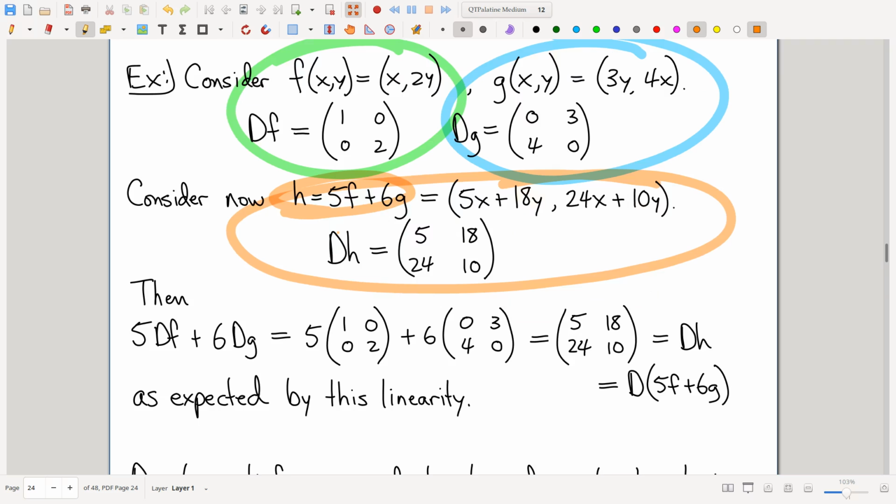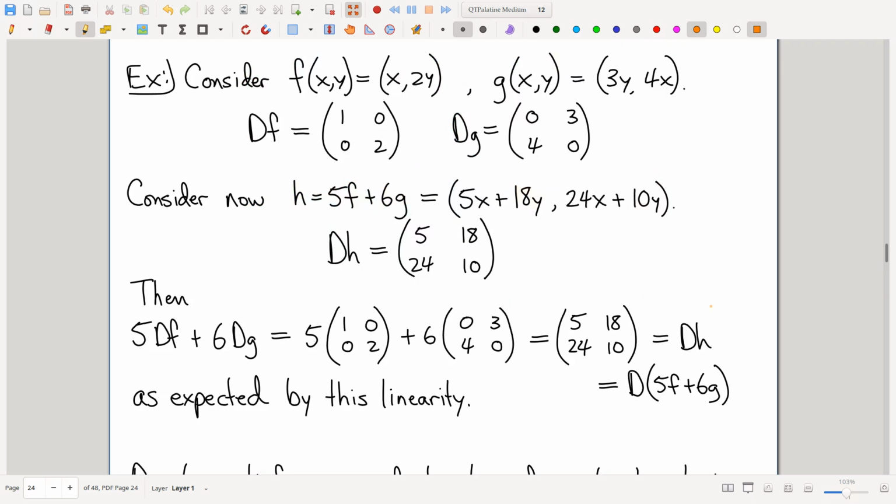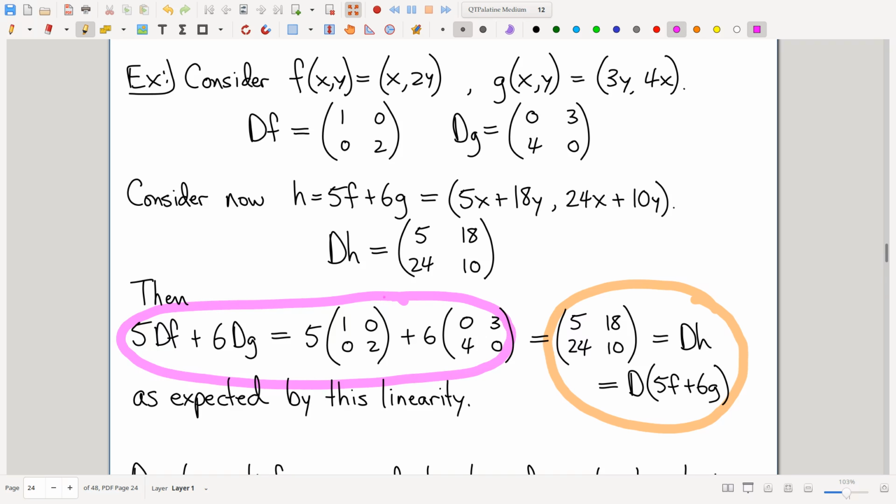And the statement of linearity here shows up by noticing that if you look at the derivative of the combination, and then you compare that to the corresponding combination of the derivatives, right? So here, on the right, I took the linear combination before I differentiated.